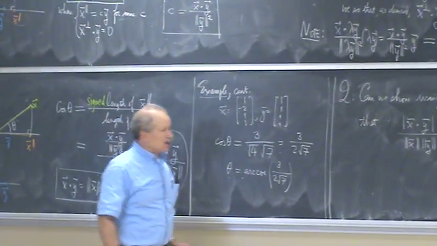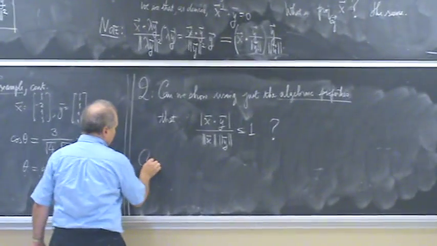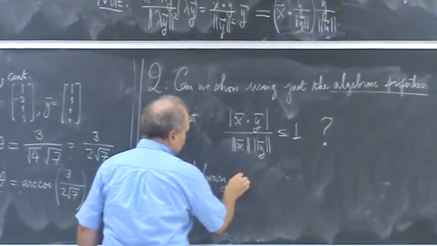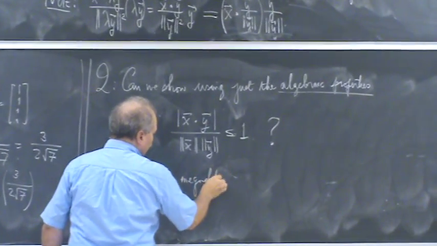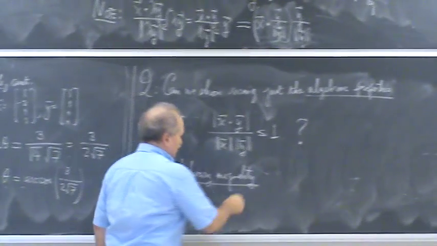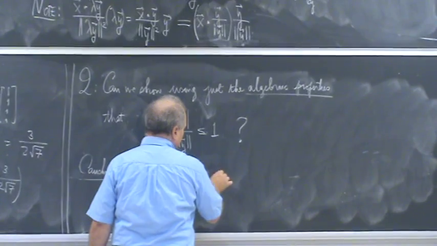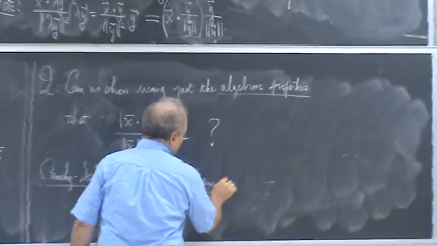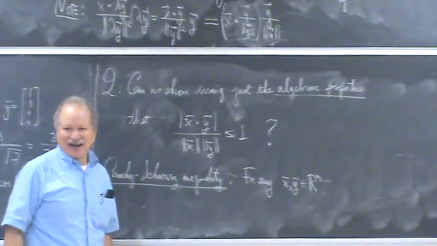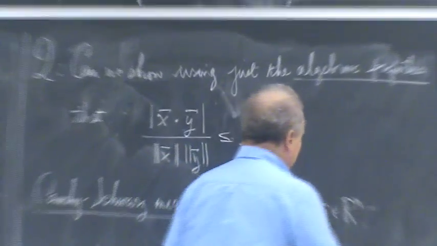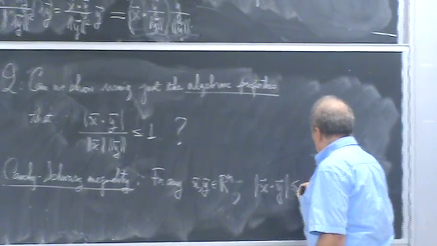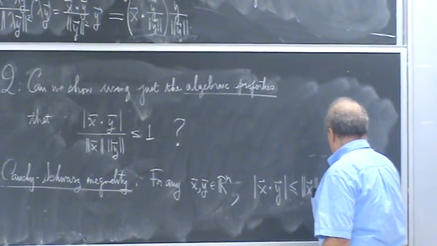So on Friday, we will start with a proof of what's called the Cauchy-Schwarz inequality, and you will be using it multitudinous times throughout this course, which says for any vectors x and y in Rn, and in fact in greater generality than that, but don't worry yet, the absolute value of the dot product is at most the product of the lengths of the two vectors.